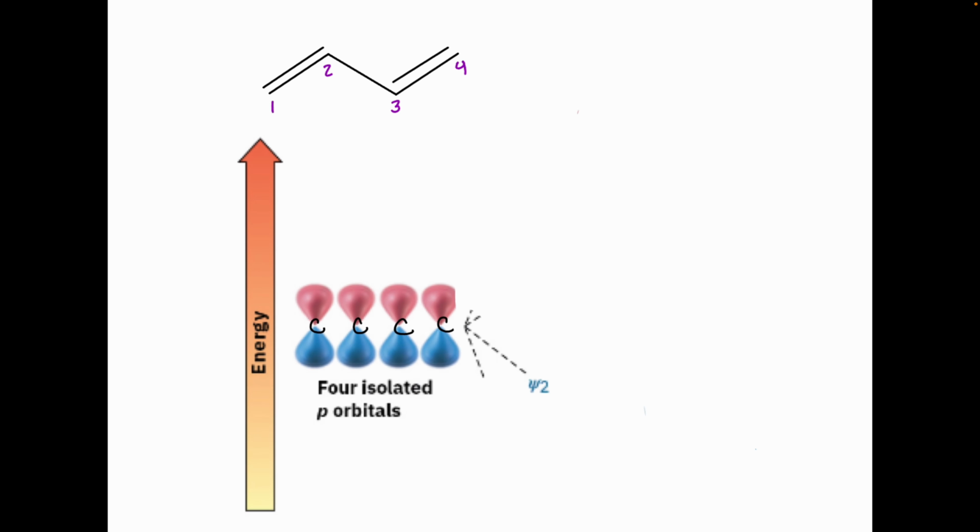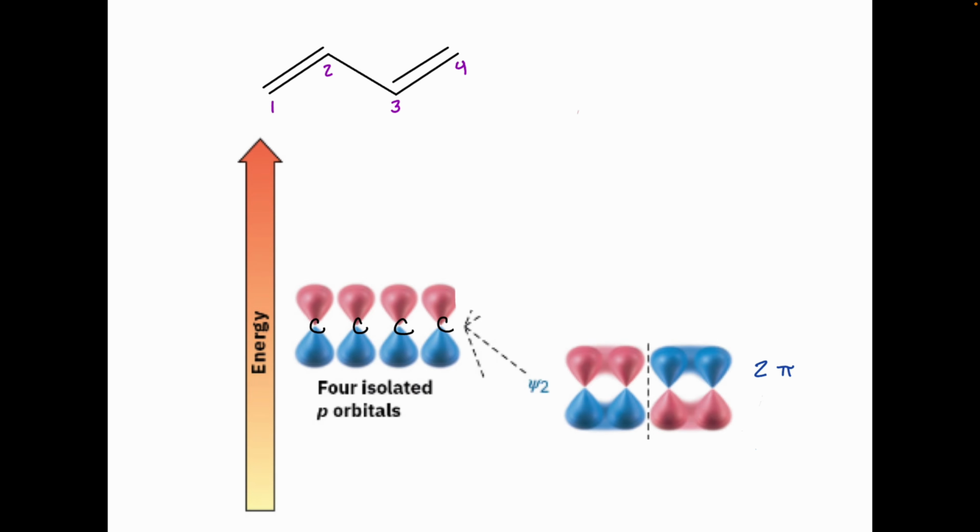So first of all, they're going to mix together again, and they're going to form our 2 pi bonds. All right, so these are our 2 pi bonds, just like we would expect. But again, this conservation rule, if I mix together 4 atomic orbitals, how many molecular orbitals should I get? 4, right? Mix 4 atomic orbitals, 4 molecular orbitals. You always got the same number. So this is just one of them.